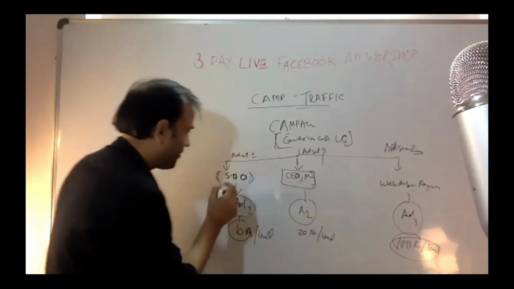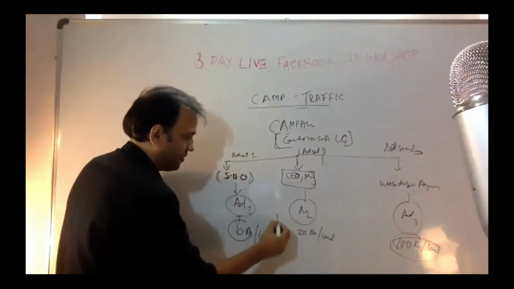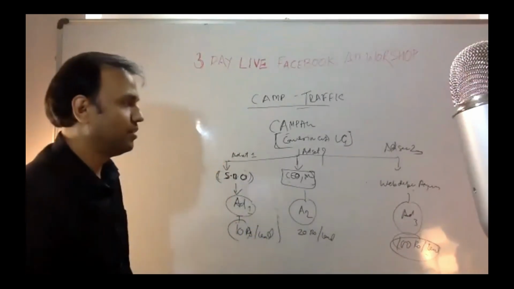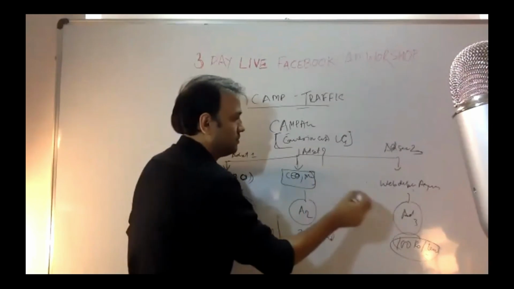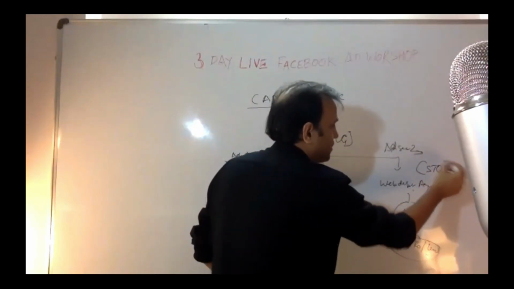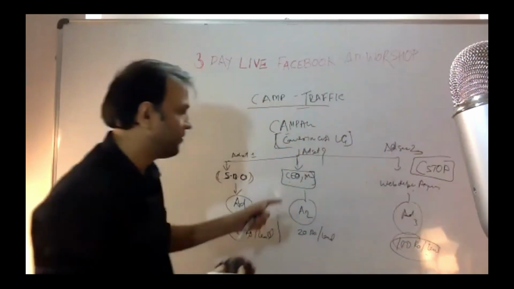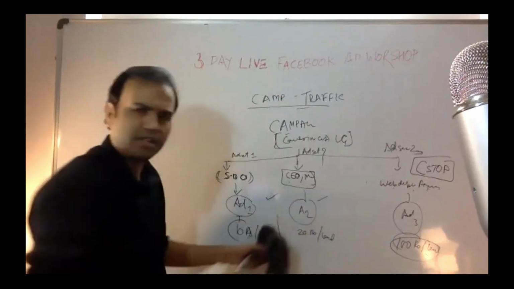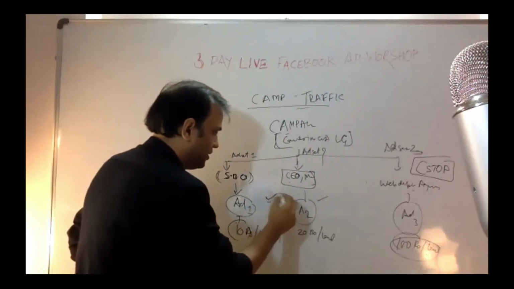Right, SBO is giving me a good result. So it means I can straightaway stop this ad set. I found these two are performing well, so I can continue with these.